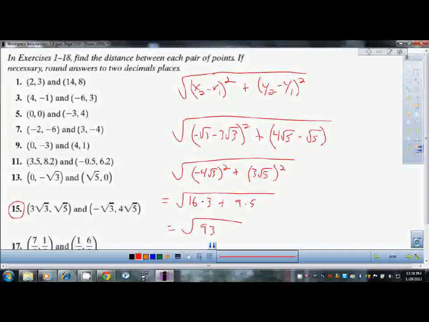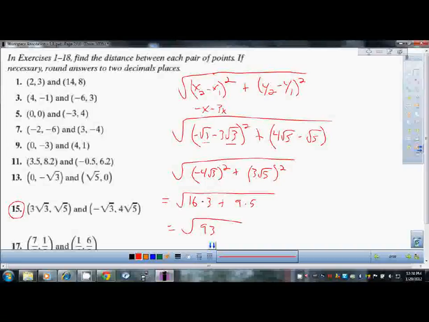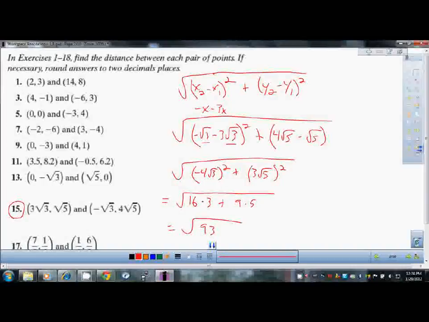These combine because imagine it was just negative x minus 3x, so that'd be negative 4x. Same thing: the radical 3's are common, so negative 1 minus 3 gives you negative 4. Same thing over here, 4 minus 1 gives you 3. Oh, you thought I was putting them together. My bad. Other questions from something on this page?